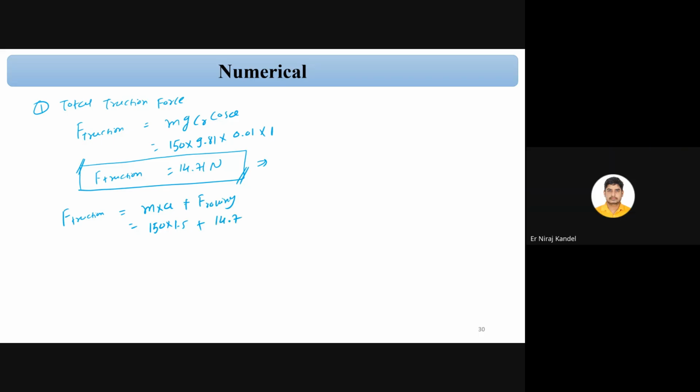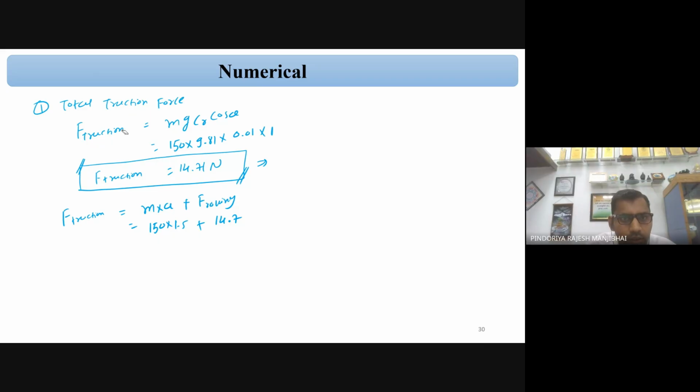F rolling is 14.7. Here I changed the terminology, so this is the F rolling.